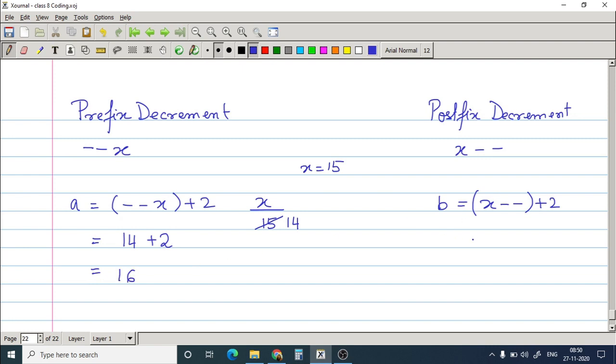And over here, first use then change. So x is 15, so first use 15, then change it to 14, and then you add 2, so that is 17. So the changed value is not affecting the expression, or is not being used, in the postfix decrement.